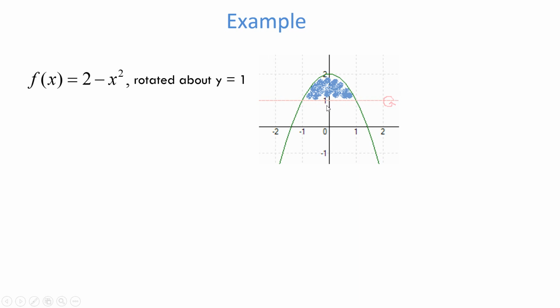And this planar region is actually bounded above by this curve, y is equal to 2 minus x square, and bounded below by this line y is equal to 1. So you can take a few seconds to think, and then we'll reveal the solution.